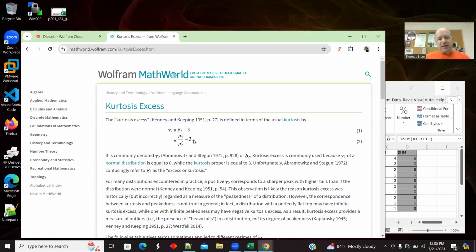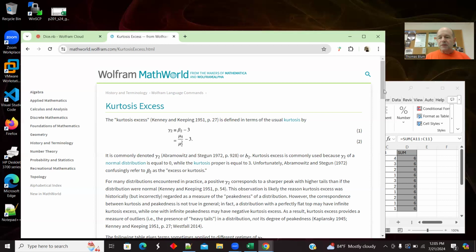And so people usually take the kurtosis and subtract 3. I'm going to turn that around because I was getting negative numbers and I wanted positive numbers, because I want to plot it and fit it to a power. So that was easier for me if it was positive. So I'm going to say 3 minus my kurtosis.